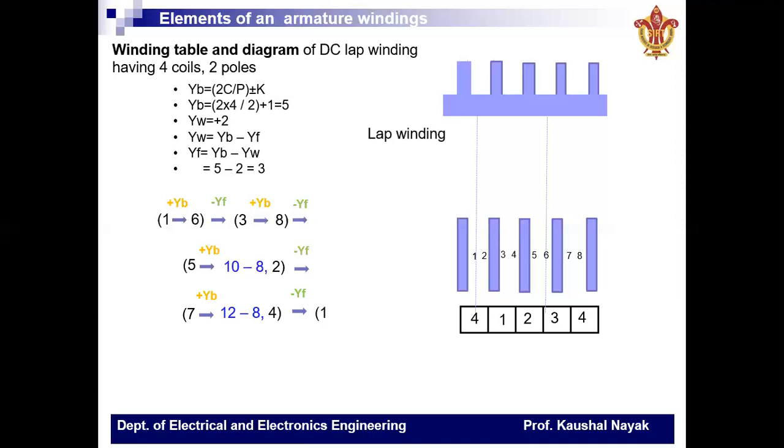This can be demonstrated using the coil sides placement in each slot, as will be demonstrated. We started from coil side number 1. We can complete the winding diagram simultaneously, and we reach coil side number 6 by adding the back pitch.